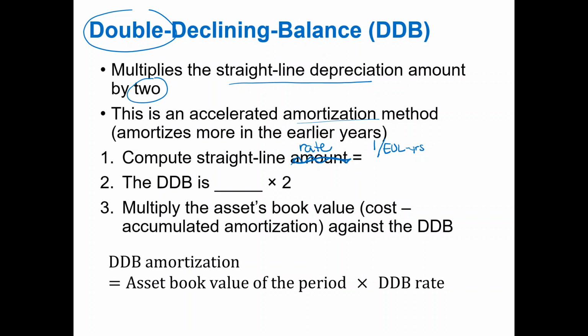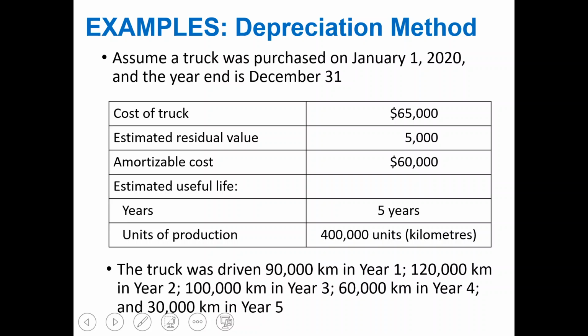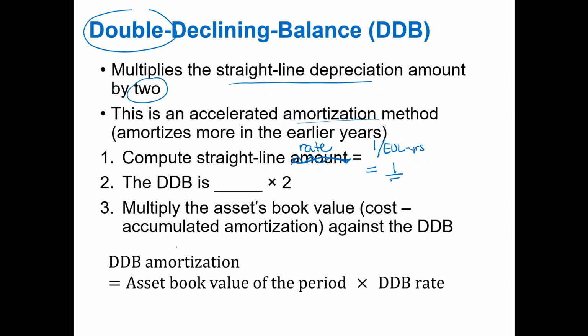I did calculate that when we looked at straight line. For our example, the estimated useful life is 5 years, so 1 divided by 5 is 20% per year. That's the straight line rate.